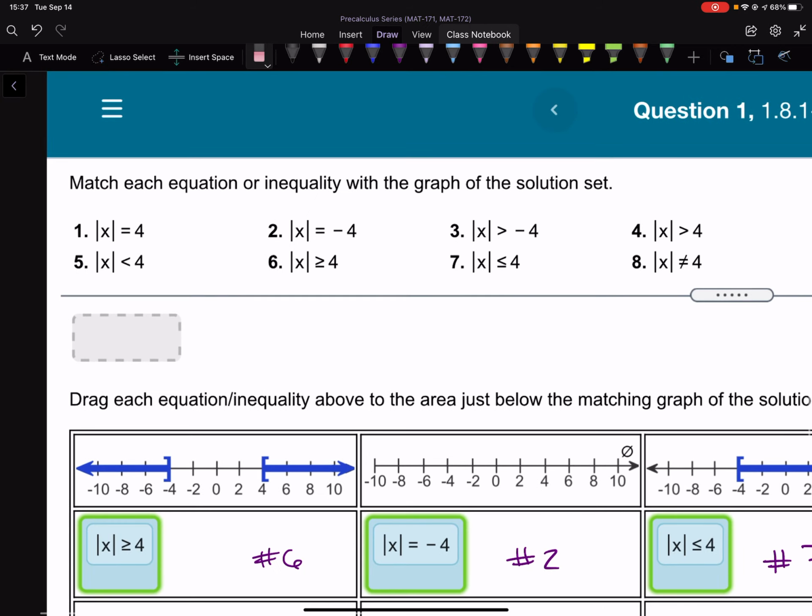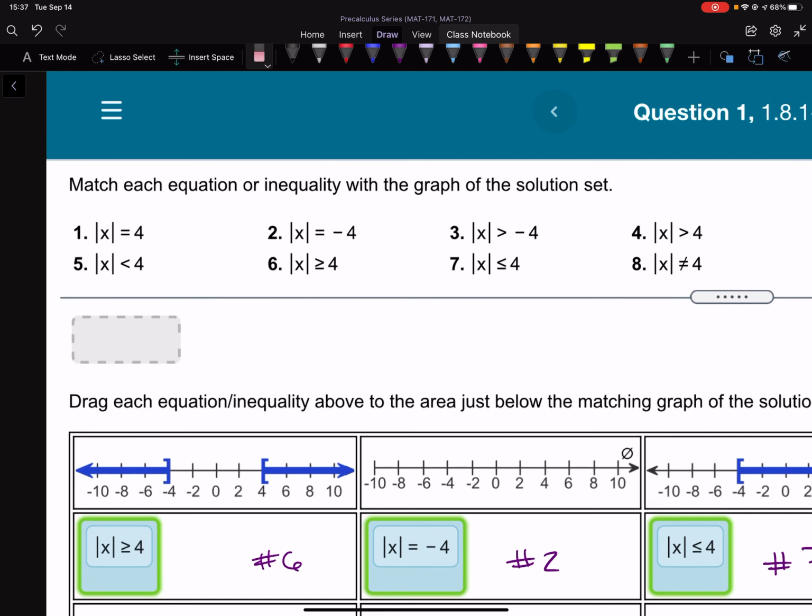These are all based on their cases, so if we have our cases ready, we'll be fine. Case one was the absolute value of x is equal to k, and the equivalent form was x equals k, or x equals negative k.